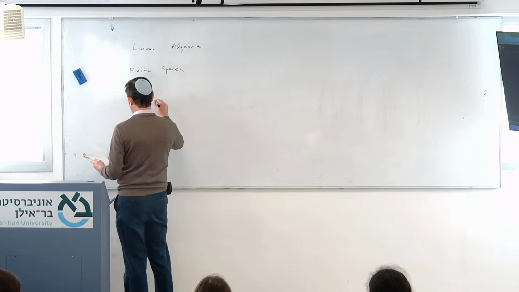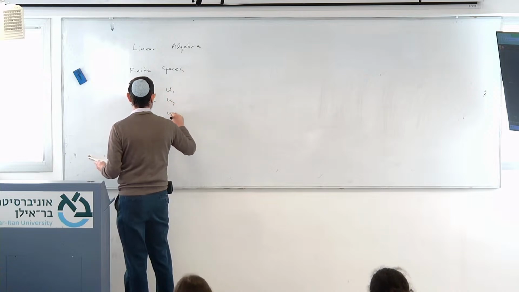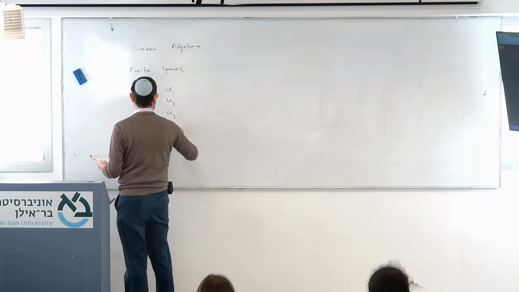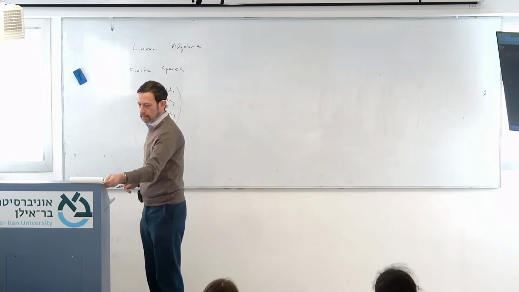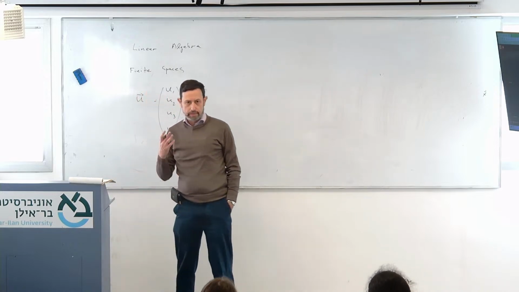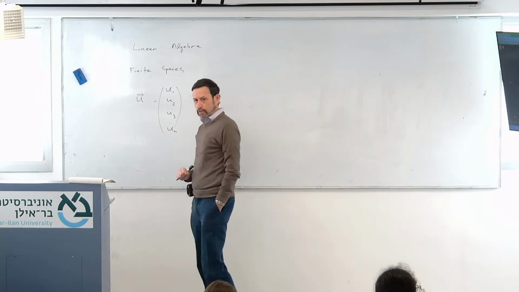Okay, so a vector is a finite number of elements arranged in a vector.